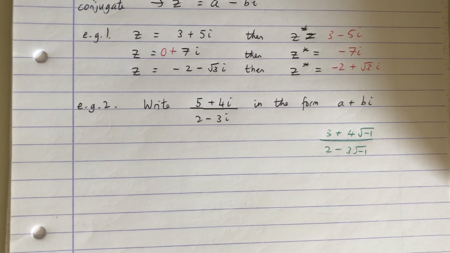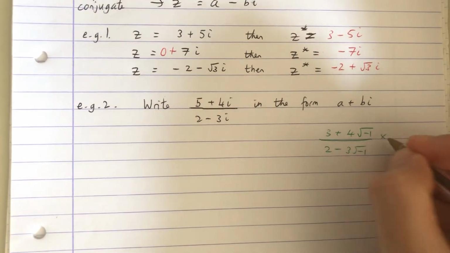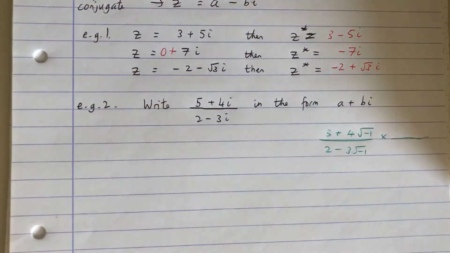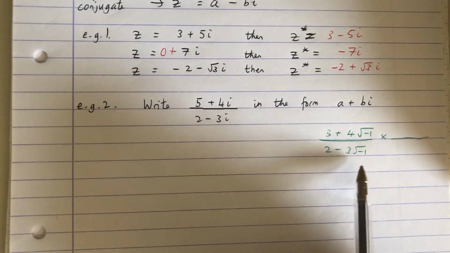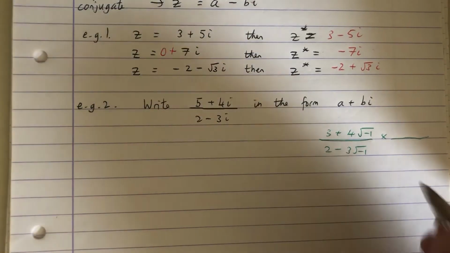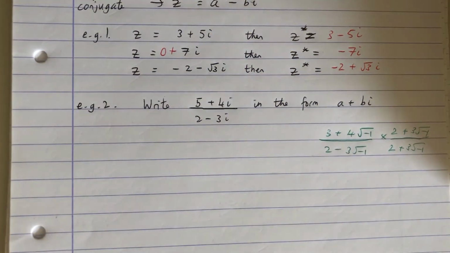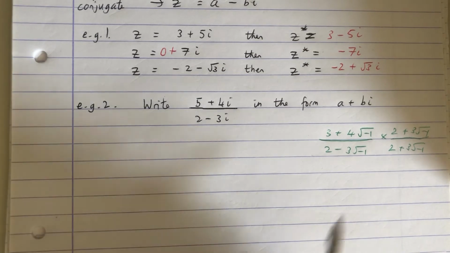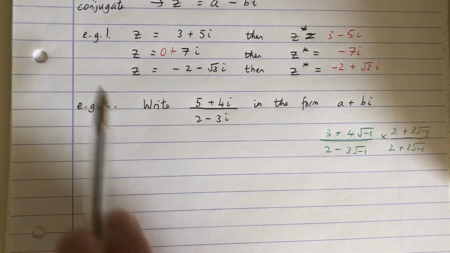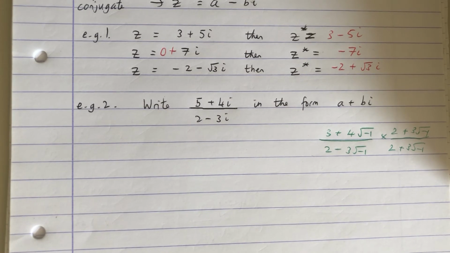But if we treated this like a surds question, like root 2 or something like that, then you should know the only good next step is to multiply by the conjugate of the denominator. 2 plus 3 root minus 1, 2 plus 3 root minus 1. If you look at what I've done there, I've switched the signs, that is the complex conjugate. So the method's exactly the same as if you had a surds question, but we call the thing you multiply by the complex conjugate. It has a name.